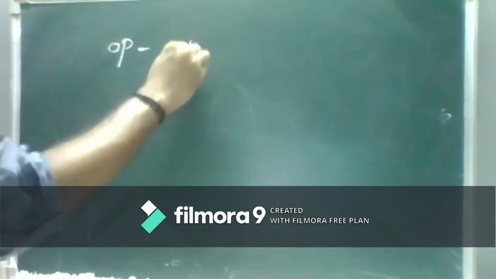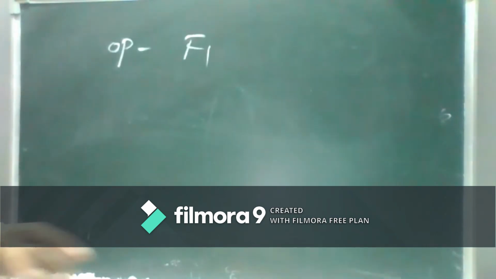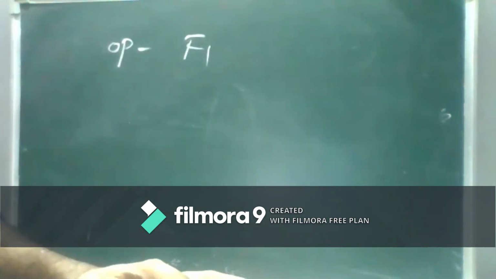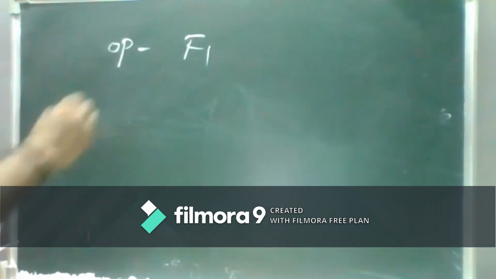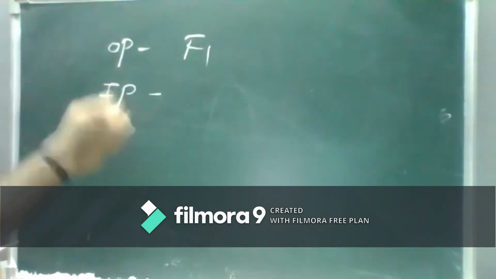Next ray diagram: the position of the object is at focus F1, and the image position is at infinity.